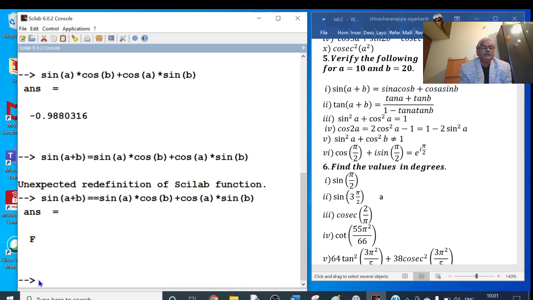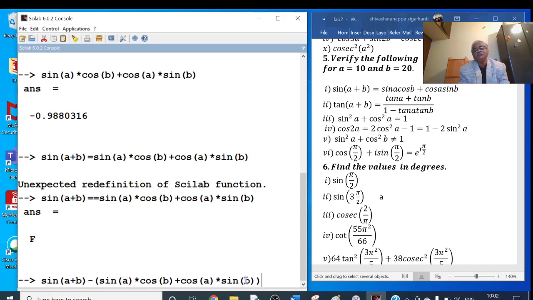So here what I do is sin of a plus b minus, open bracket, sin A star cos B plus cos A star sin B, bracket close. Sin of A plus B minus this thing.